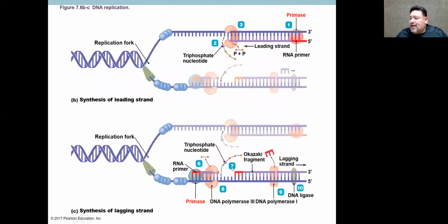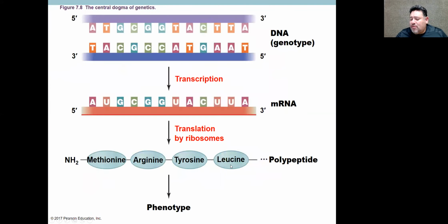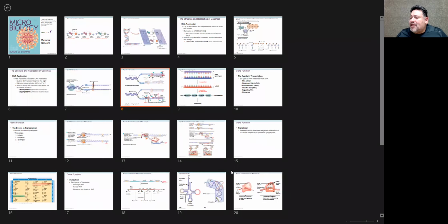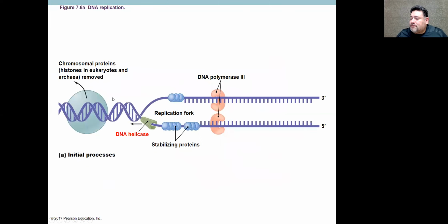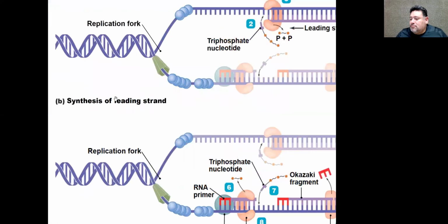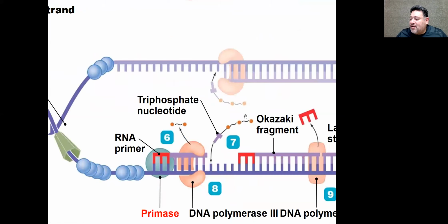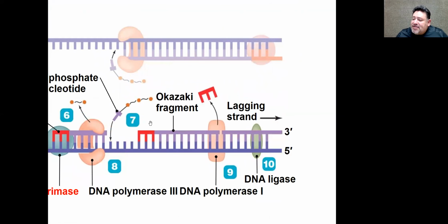However, in the lagging strand, okay, whoops, let's go back up. Here's our lagging strand. That primase associates, it makes a little RNA primer. Then the DNA polymerase attaches, it forms DNA, okay?